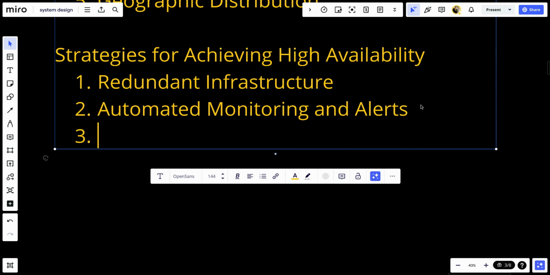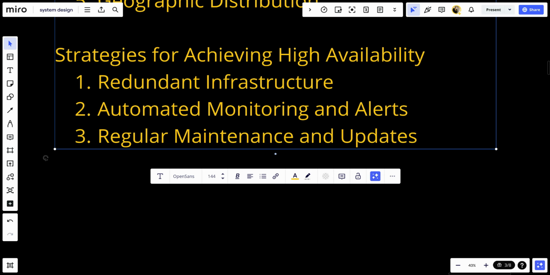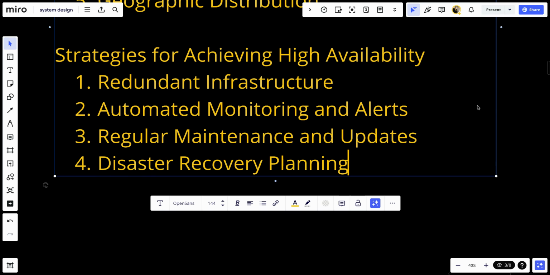Number three, regular maintenance and updates. Scheduled maintenance and updates to ensure all systems are up to date and operating optimally without disrupting service. Number four, disaster recovery planning.